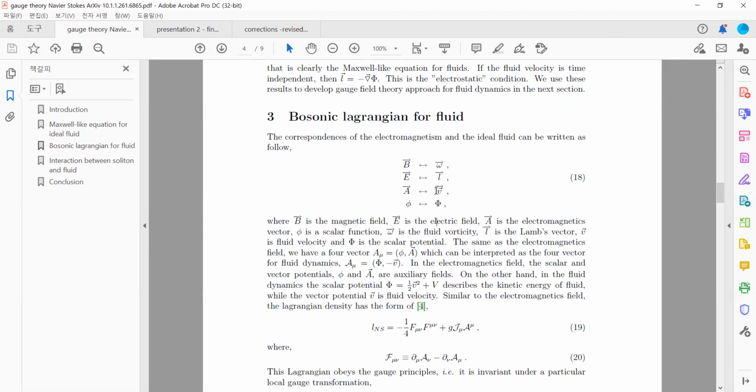Is it related to the pressure or something? I think capital V is the potential energy, isn't it? It is potential energy, and according to the paper, it typically represents pressure divided by mass density.